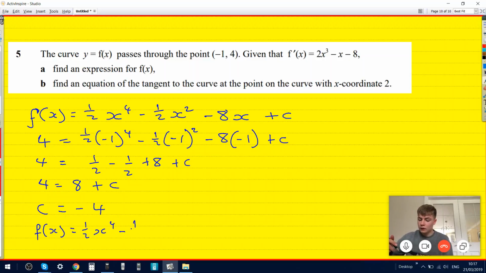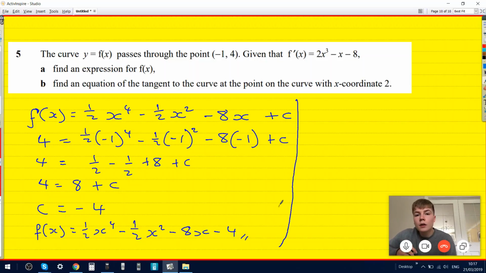Yeah. Any idea how you go about part B? Equation of the tangent. The x coordinates. No, is the tangent perpendicular or is it negative reciprocal?